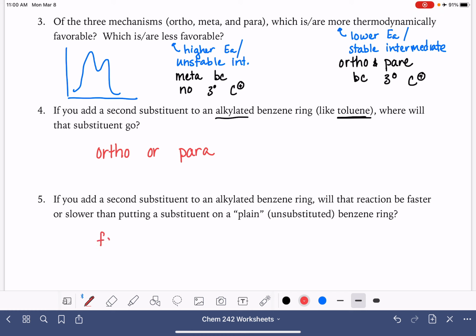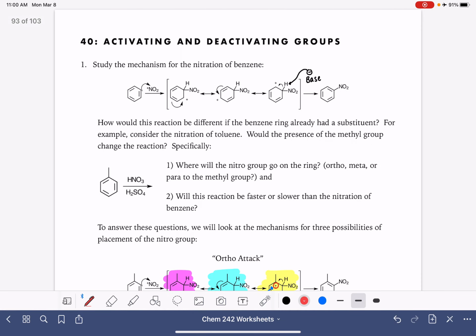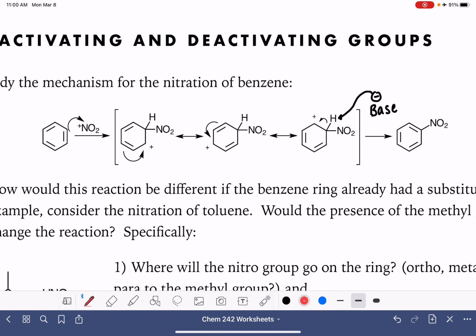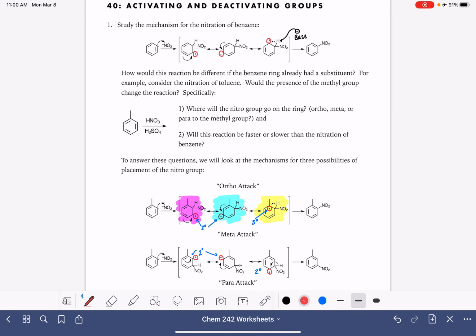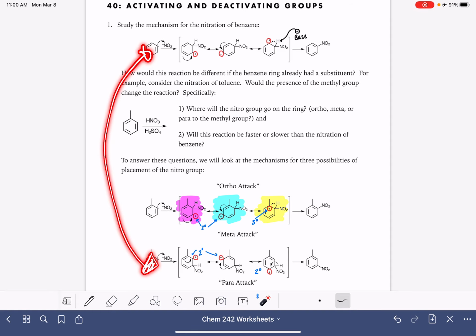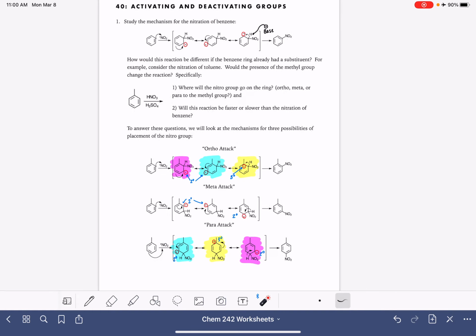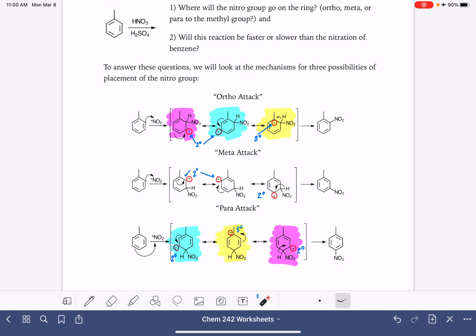It will actually be faster than putting a substituent on a plain benzene ring. How do we know that? We go all the way back to this regular plain benzene mechanism: secondary, secondary, secondary. The plain benzene mechanism is really similar to the meta mechanism in that all the carbocations are secondary. Ortho and para is great because it has a tertiary carbocation.